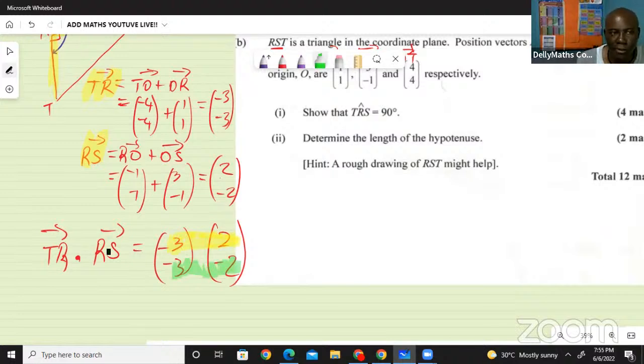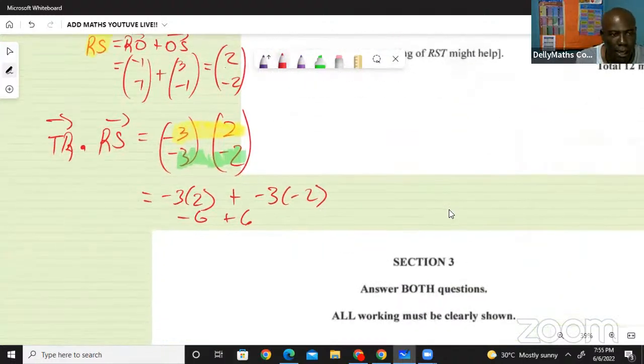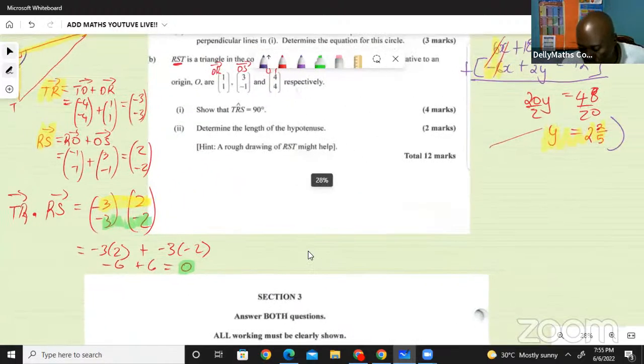And if you get 0, there is a 90-degree angle between them. So here it is. We're looking at -3 times 2 plus -3 times -2, -6 plus 6. And this is 0. And the fact that we got 0 means that there is a 90-degree angle between the two vectors.